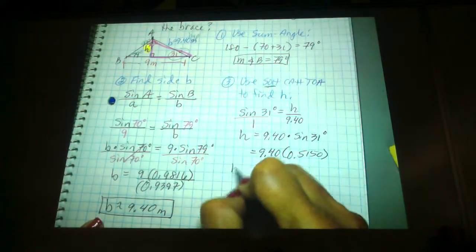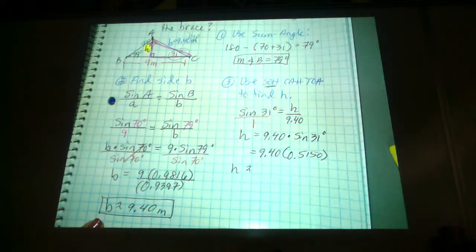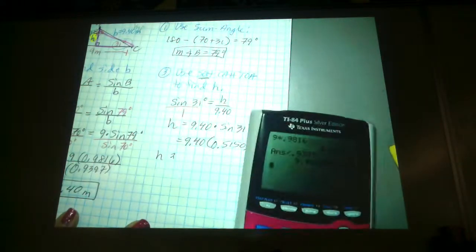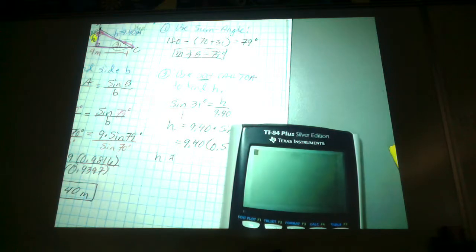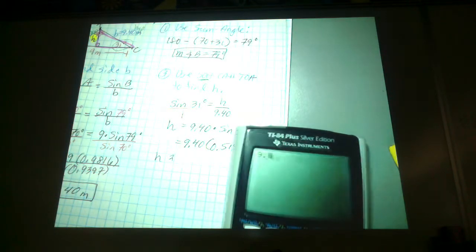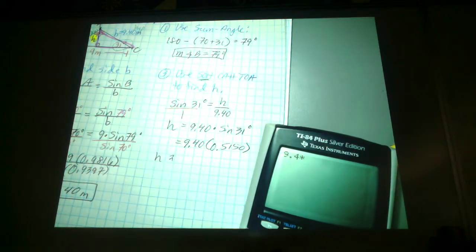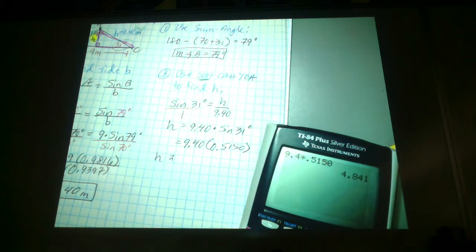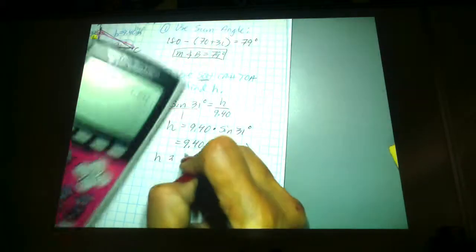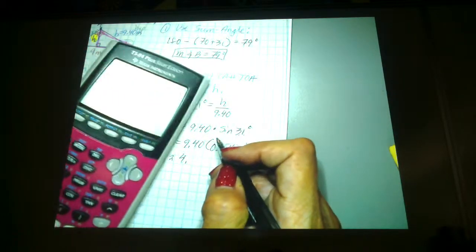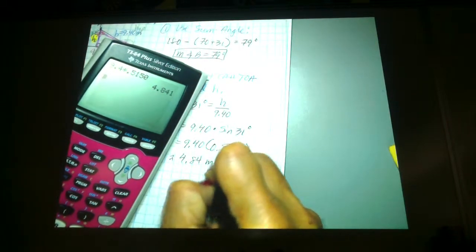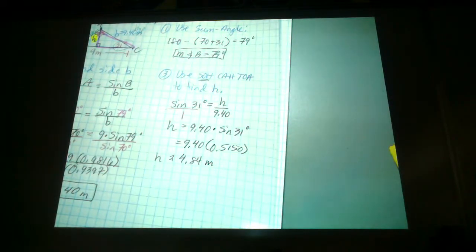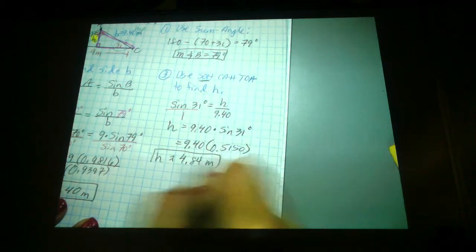And so H is approximately equal to 9.4 times 0.5150. So we get 4 point, and I'm going to round that to 2 places, so it's 4.84, and then that's in meters. So that's my third and final piece.